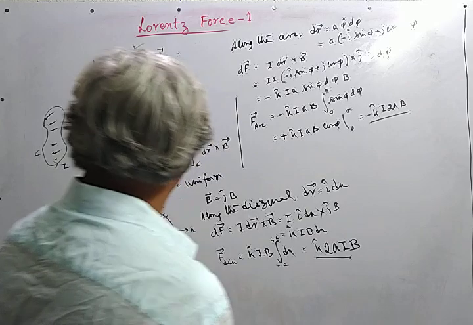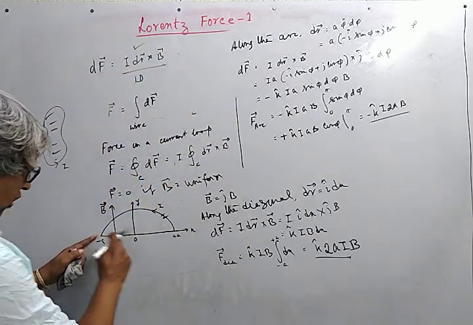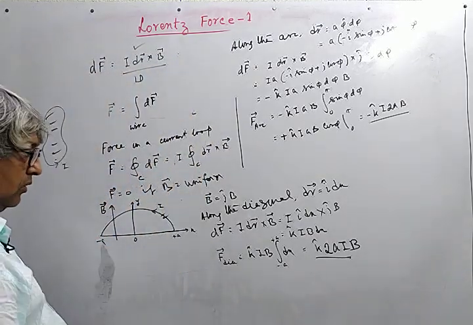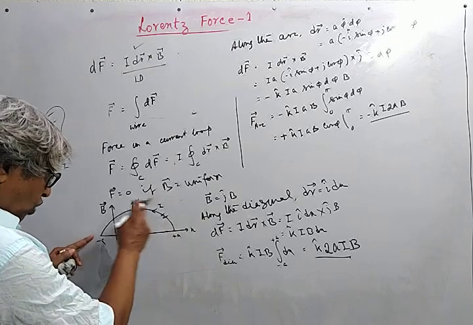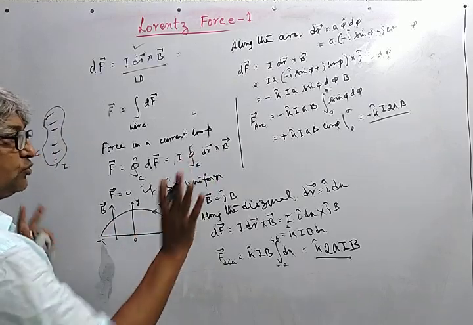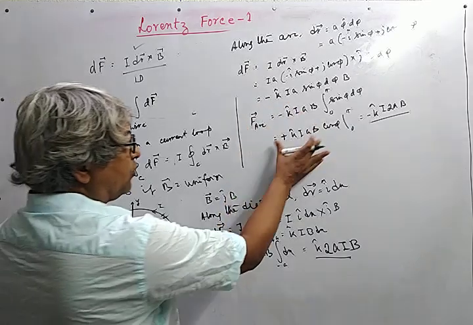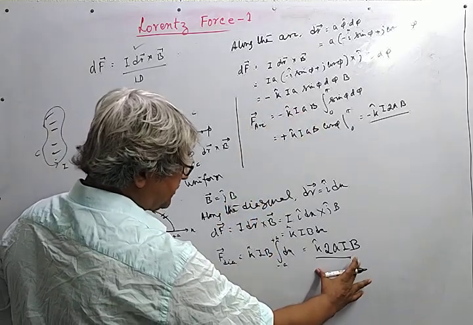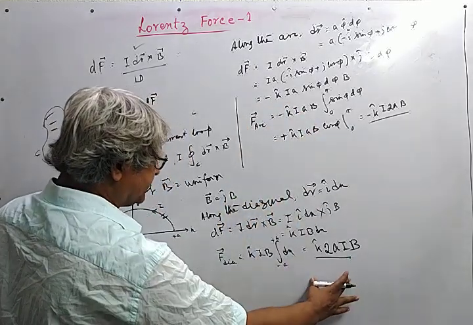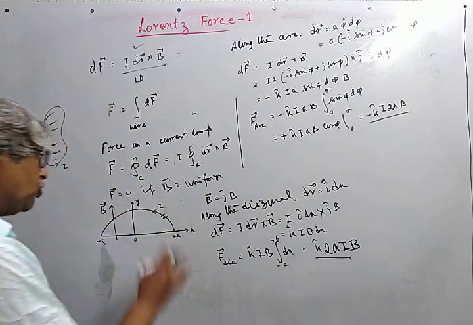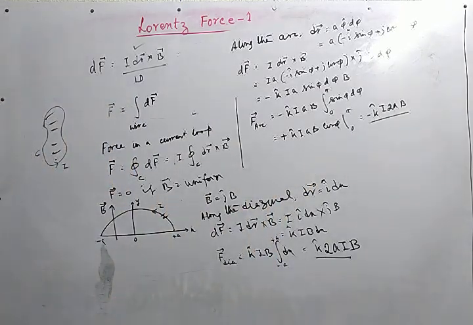So if we consider the total force on the closed loop, it is 0, but the force on an open path is no more 0. This is the force on an open path, or this is also the force on an open path. They are not 0, but whenever a closed current carrying conductor is placed in a uniform magnetic field, the force becomes 0.